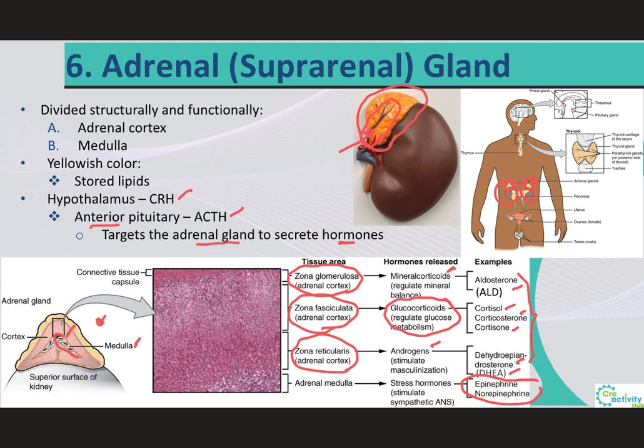You guys know I'm not going to say that word again. And then the adrenal medulla is going to secrete stress hormones, more specifically epinephrine and norepinephrine, and we will see all those in details. But this image here is good because it gives you a little review of everything that's happening and where it is happening on the adrenal glands.